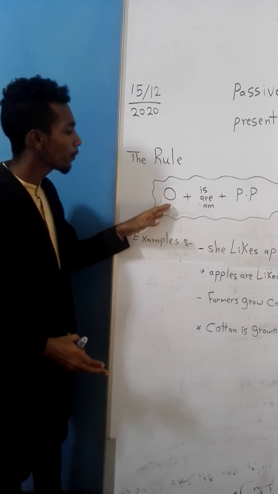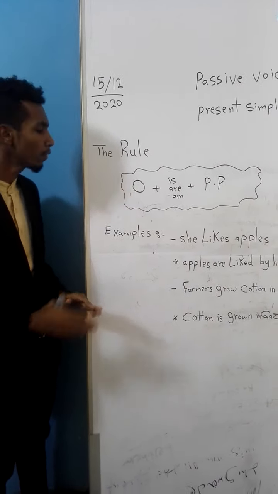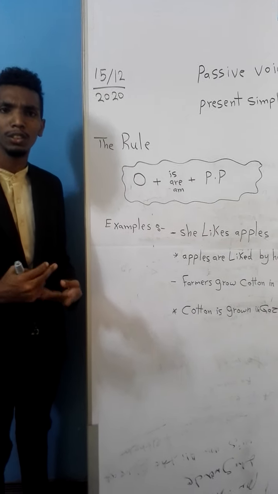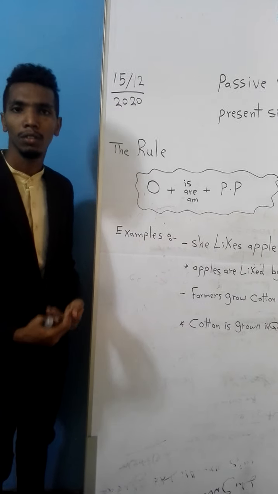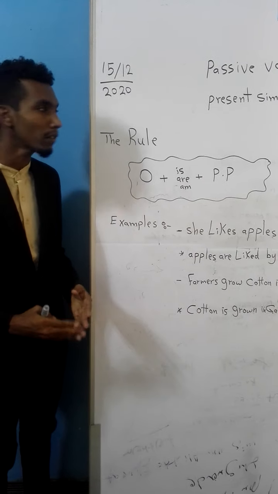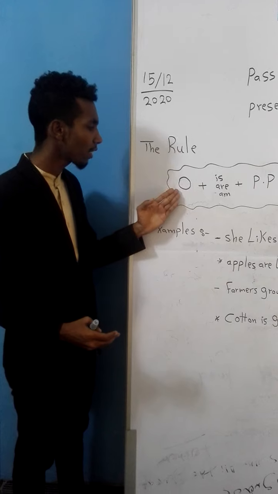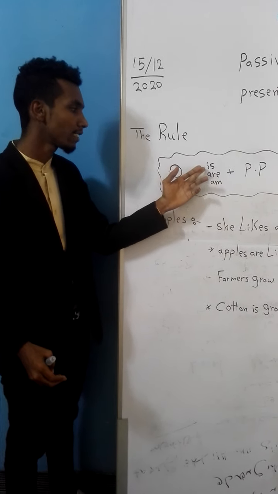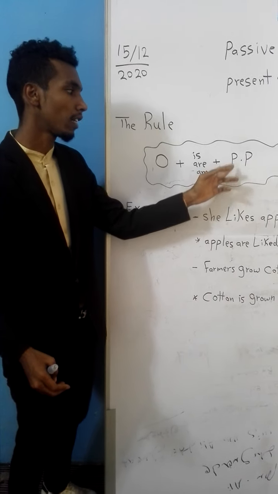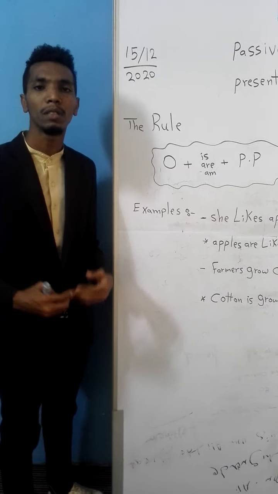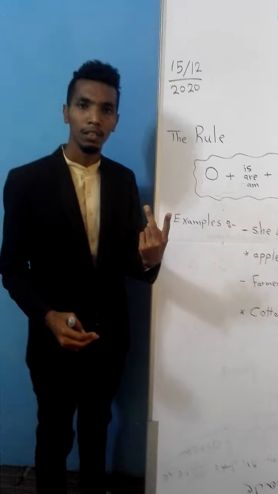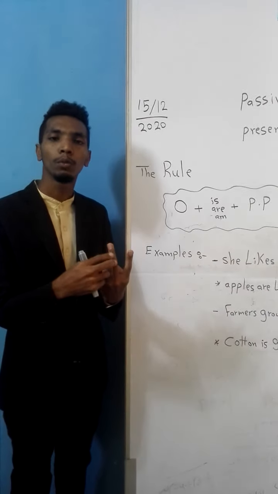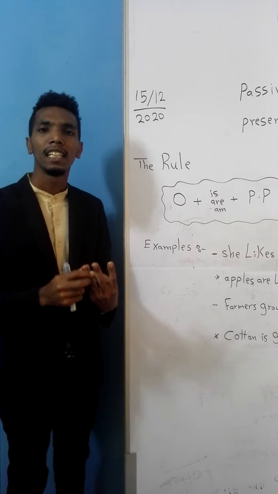In the passive, we start any sentence with the object, whether it's the present simple, past simple, present continuous, past continuous, present perfect, past perfect, future simple, whatever the tense is. So here: object plus is or am or are plus past participle. The past participle is verb 3. We have verb 1, verb 2, and verb 3, like go is verb 1, verb 2 is went, verb 3 is gone.